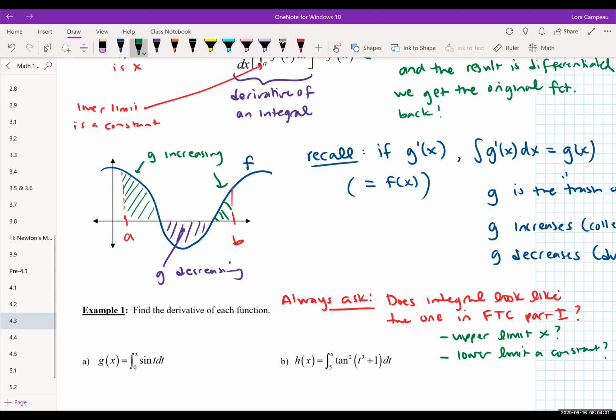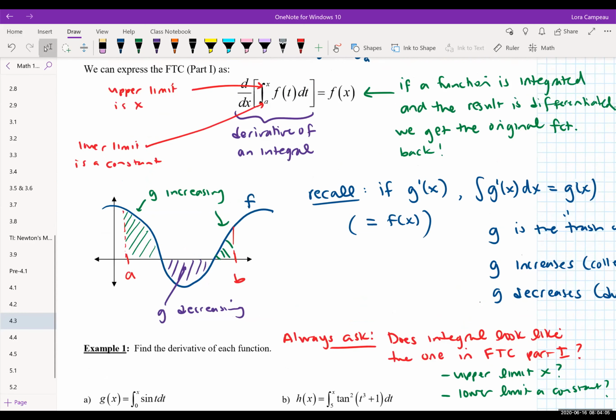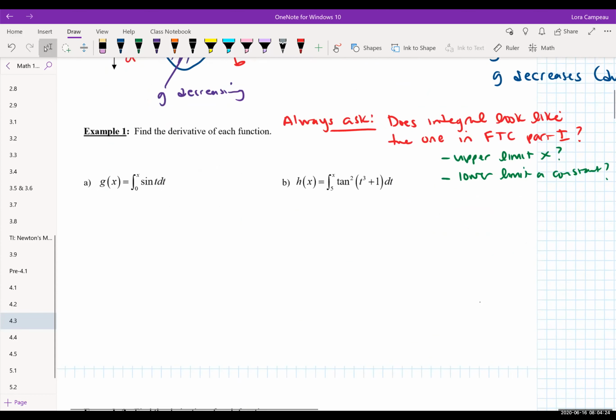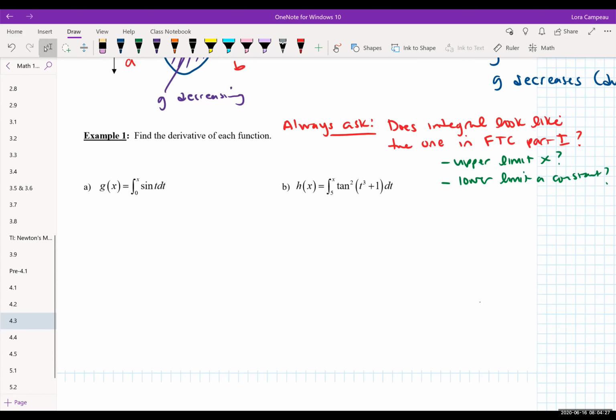So let's look at part A, part B, so we can determine this. What they're trying to say is, as long as the upper and lower limits match this idea, upper limit x, lower limit constant, when you take the derivative of the integral of a function, you just grab the function, the integrand, and don't worry about the t. You just write it in terms of x, because you are inputting that into f of t. Looking at part A, a little note to self: is the upper limit x?